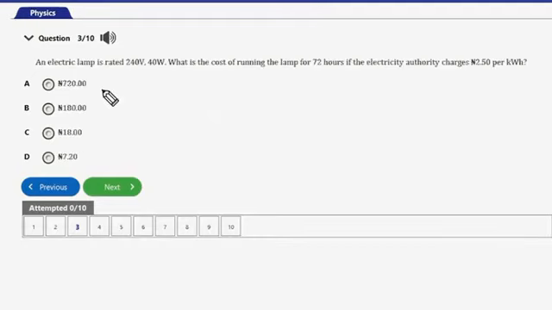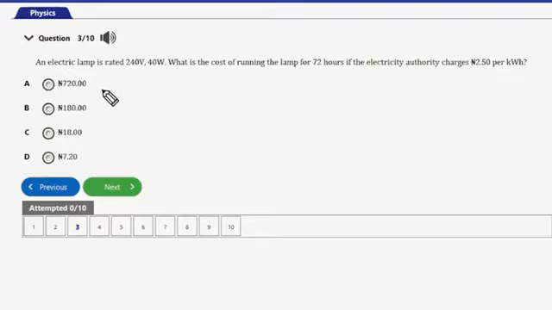So that's question number 3 here, guys, and the question here says an electric lamp is rated 240 volts 40 watts. What is the cost of running the lamp for 72 hours if the electricity authority charges 2.50 naira per kilowatt?